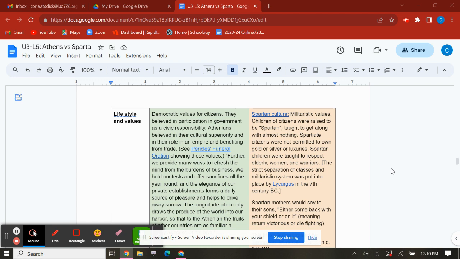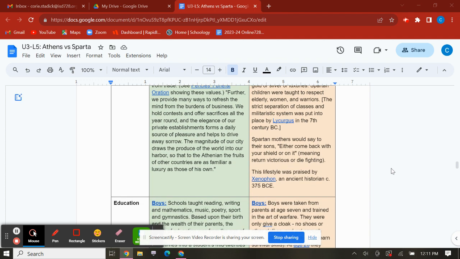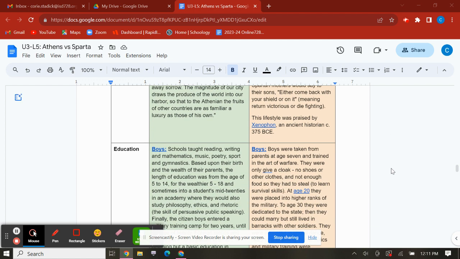The strict separation of classes and militaristic system was put into place by Lycurgus in the 7th century BC. Spartan mothers would say to their sons, "Either come back with your shield or on it," meaning return victorious or die fighting. This lifestyle was praised by Xenophon, an ancient historian, about 375 BCE.